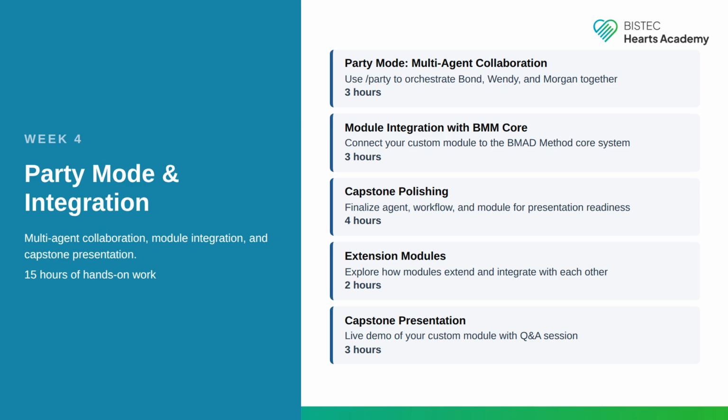Instead of switching between agents in separate chats, party mode manages the handoffs automatically. This is useful for end-to-end module development. Bond creates the agent, Wendy creates the workflow, Morgan packages the module, and the transitions happen within a structured flow. It's a powerful productivity multiplier once you understand the individual agents.